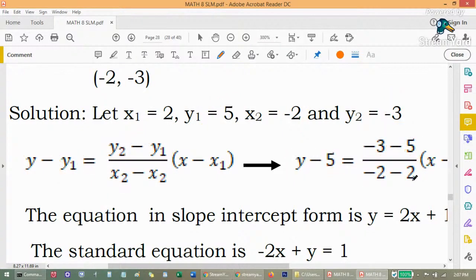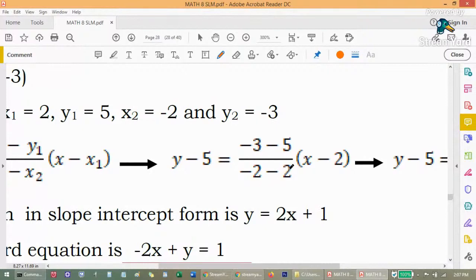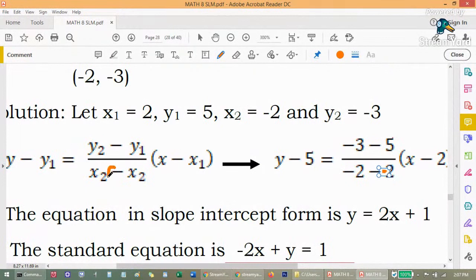So, dito nagkamali yung libro, no? So, dapat to minus x sub 2. So, kailangan to ay minus negative 2, no? Because ang x sub 2 natin ay negative 2.